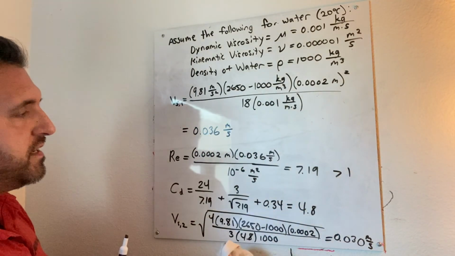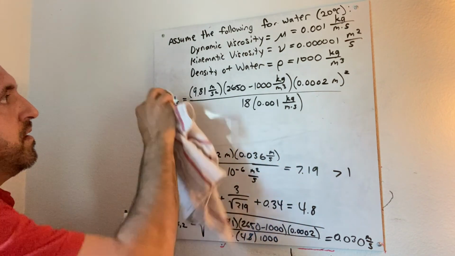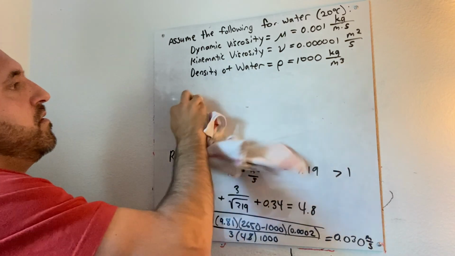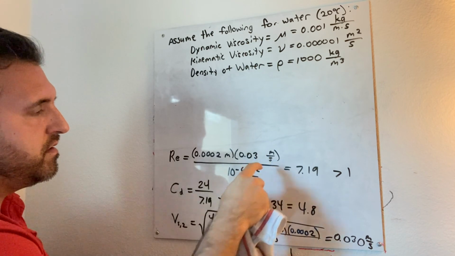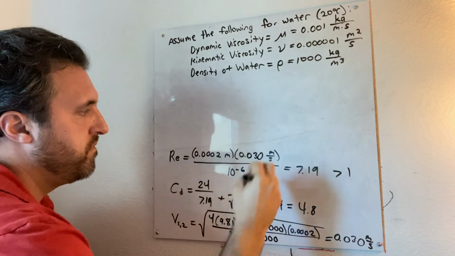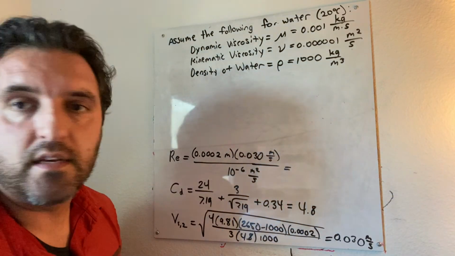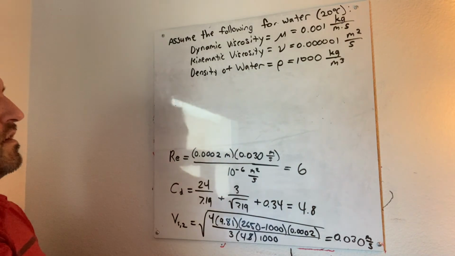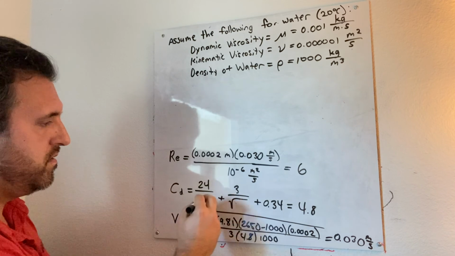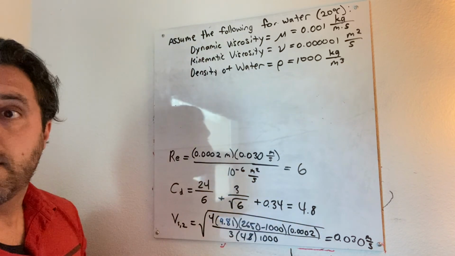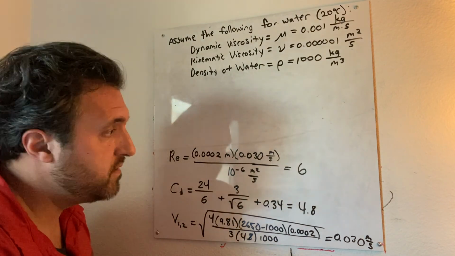If we repeat this process, if we take this velocity here and use it to calculate the Reynolds number, instead of 7.19, it's going to give us a value of about 6. Then we're going to use that to calculate the drag coefficient. That's going to give us a value of approximately 5.56.